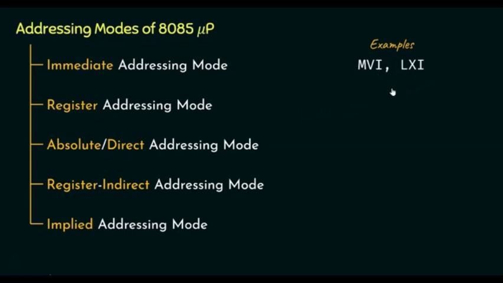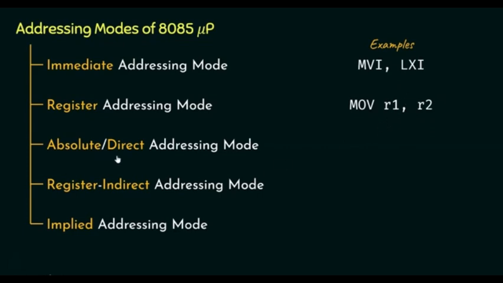From this you can get the notion that whenever within the mnemonic we have got I by the end, which specifically means immediate, will fall under the group of immediate addressing modes. Thereafter, for register addressing mode, we will use the example of MOV R1, R2. Now regarding this instruction, if you remember, we already have studied it in details. Here, R2 is the source register and R1 is the destination register.